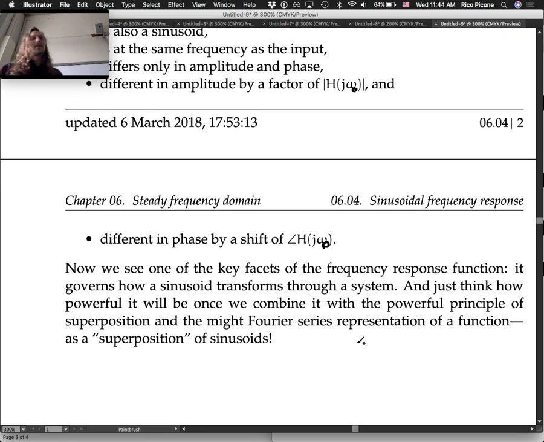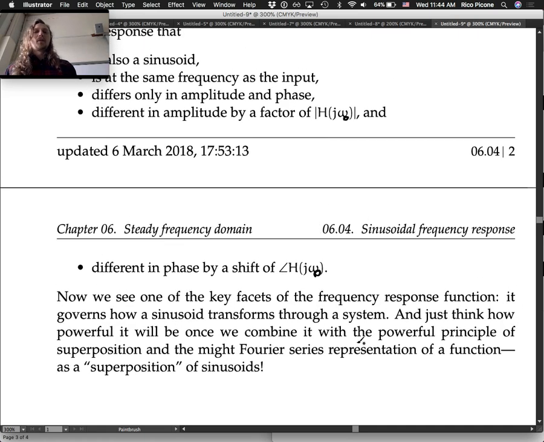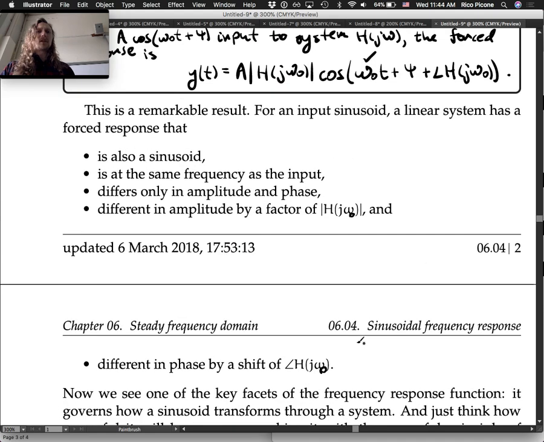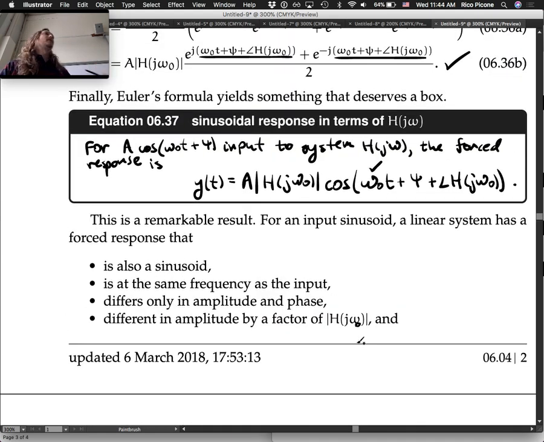So now we see one of the key facets of the frequency response function. It governs how a sinusoid transforms through a system. It tells you everything you need to know about the steady state or forced response of the system to a sinusoidal input.